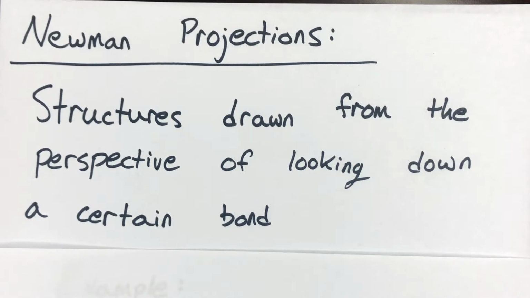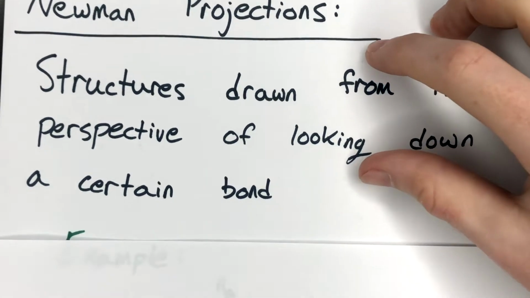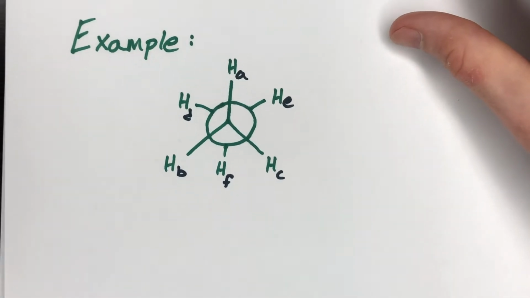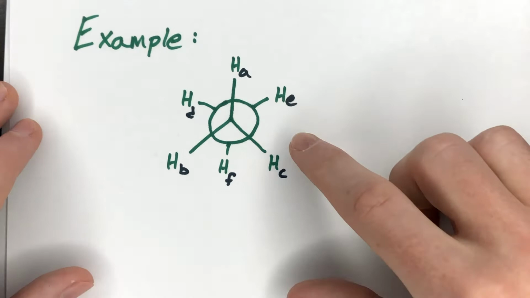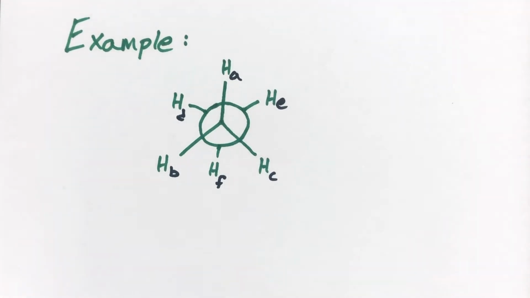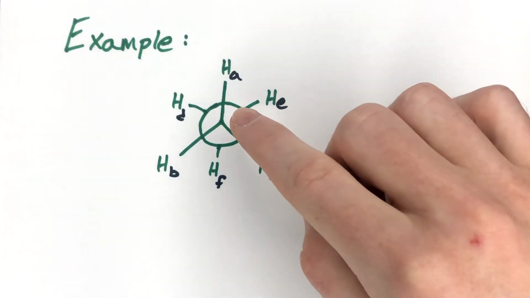bond that are overlapping. What I mean is, here's a specific example of ethane, and what we're essentially looking at is that there's a carbon in the front that is perfectly aligned with the carbon behind it. So you can't really see it, but the way that it's drawn in the Newman projection is represented by this circle.